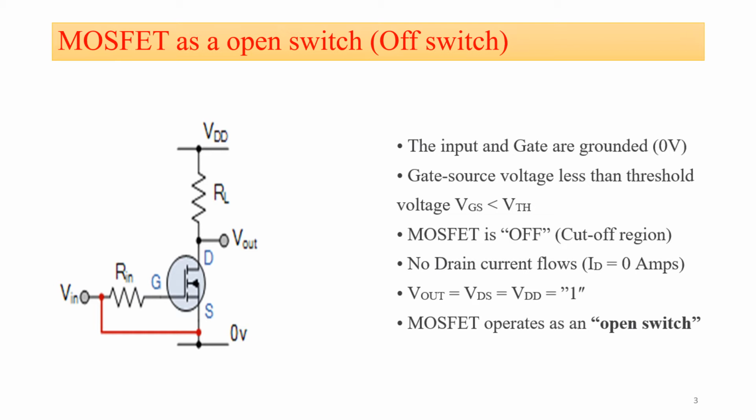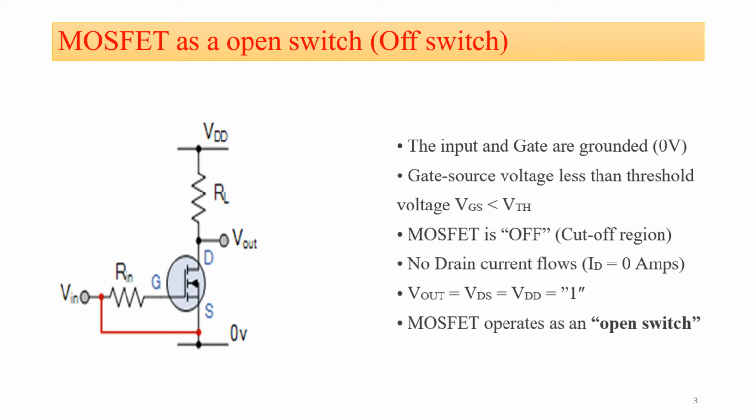As the MOSFET is in the cutoff region, the drain current is 0 and our output voltage, that is the voltage between the drain and source, equals VDD, which is logic 1. It totally depends on how much VDD is applied. So this indicates that the maximum voltage across the MOSFET, that is VDS, equals VDD.